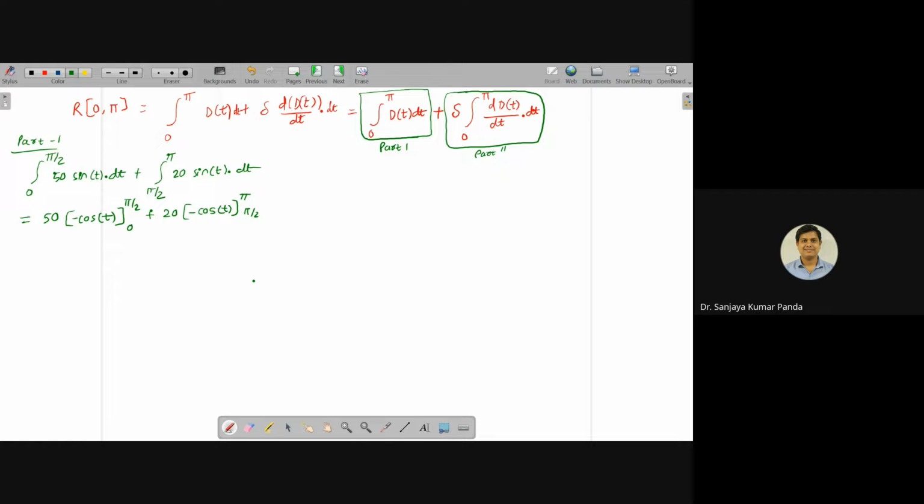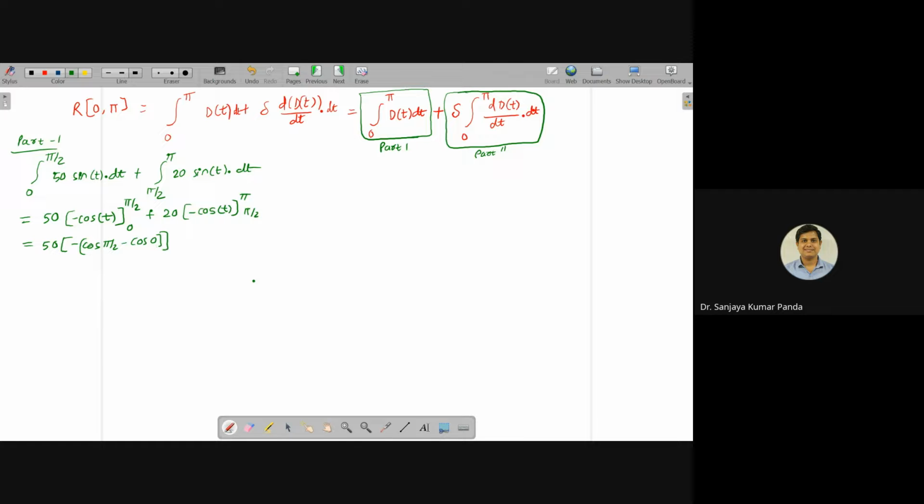Now what you can do, if you put pi by 2, how to solve this one? This is 50. If I put in the limits, I can say cos pi by 2 minus cos of 0.